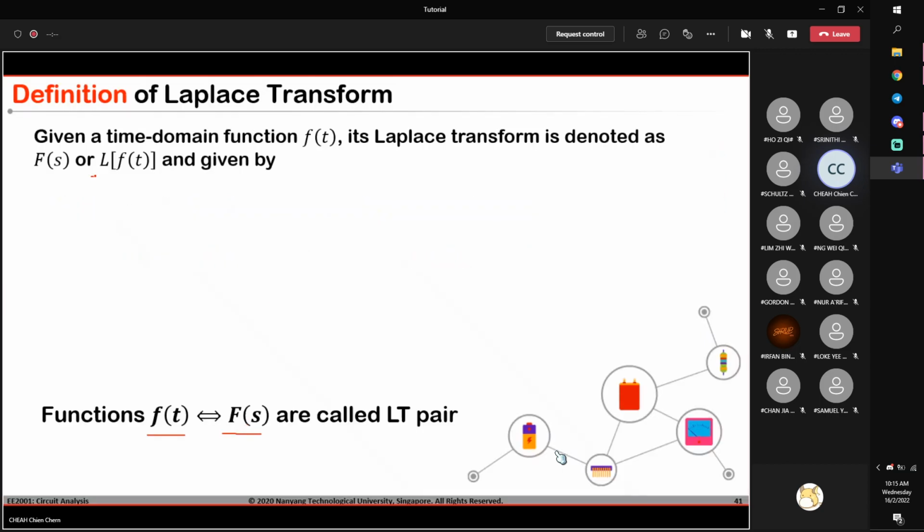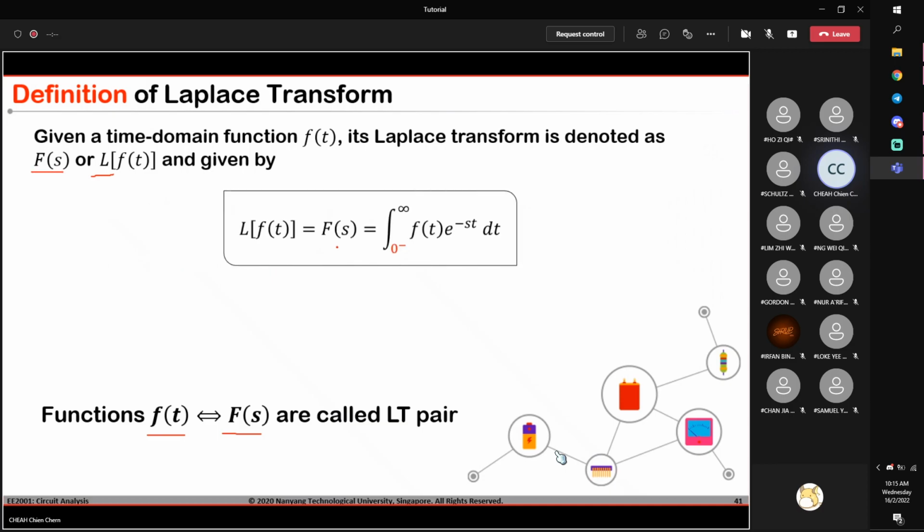Now, this notation also means Laplace transformation, Laplace L. After transforming it, you get F(s), a function of s. And Laplace transformation is defined by these equations over here. This mathematician found this way of transforming a signal in the time domain into the Laplace domain by multiplying the signal by e to the power of negative st, and then integrating with respect to time from 0 to infinity.